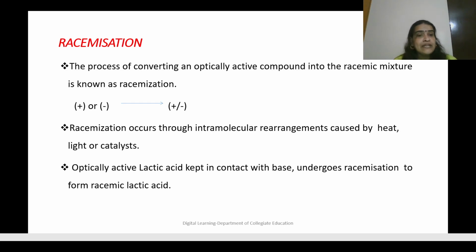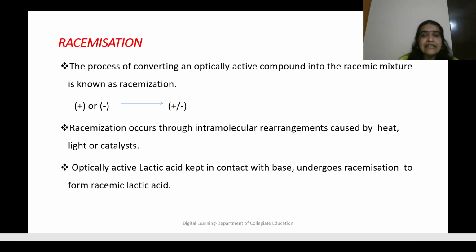So, now coming to the next point, that is racemization. What do you mean by the term racemization? A process of converting an optically active compound into a racemic mixture is known as racemization. An optically active compound will be naturally either plus form or minus form.